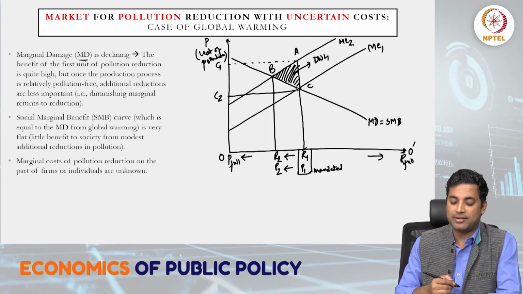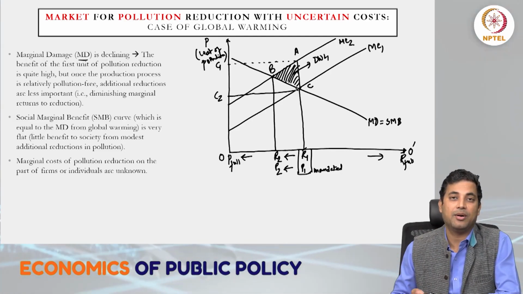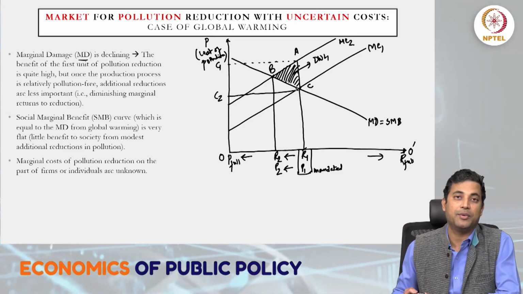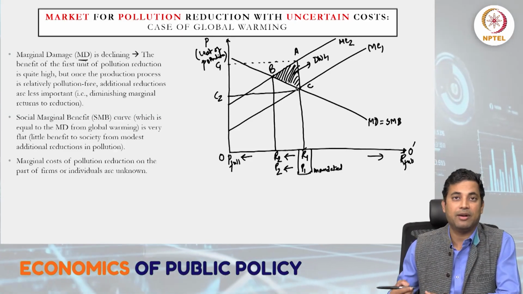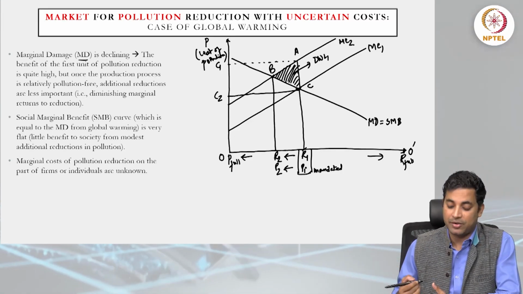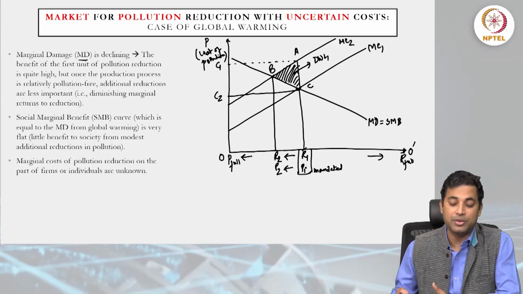In this case, although B is optimum, from society's point of view it is not very optimum, because deadweight loss is incurred, the mandated level of pollution reduction is getting reduced, and the pollution level is increasing.